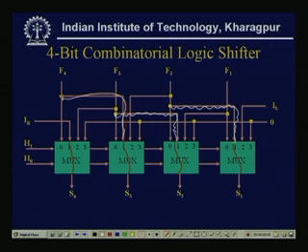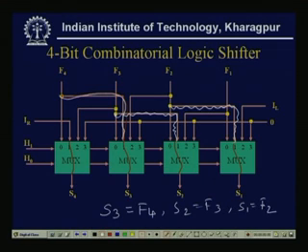S3 becomes F4, S2 becomes F3, and S1 becomes F2, and S4 can be IR, or if it is periodically connected, then it can be F1. So, it is actually one right shift. If the select lines are 0 1, it is a right shift.